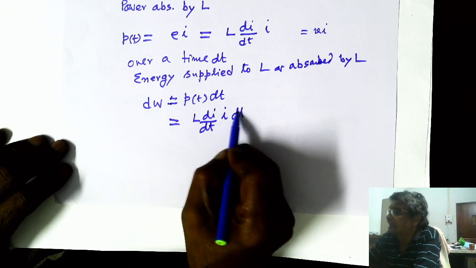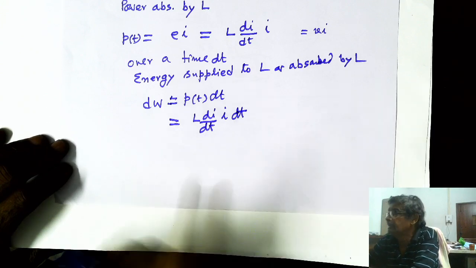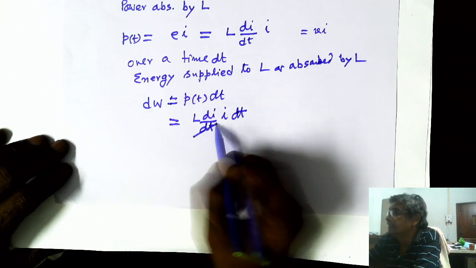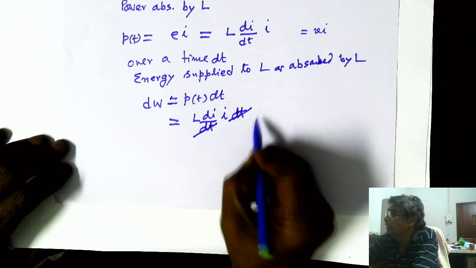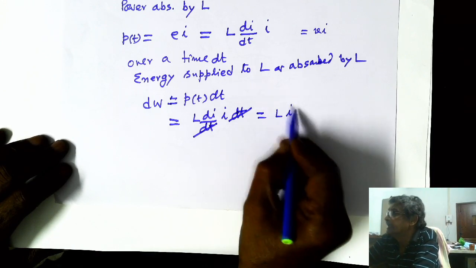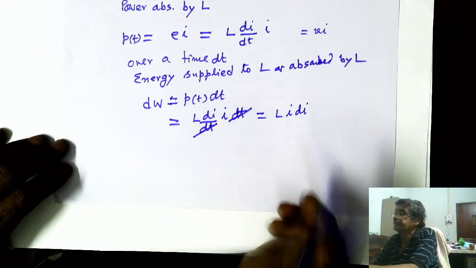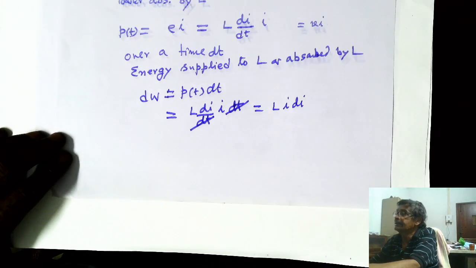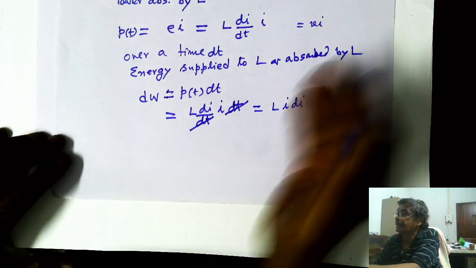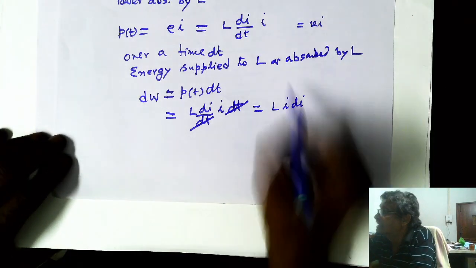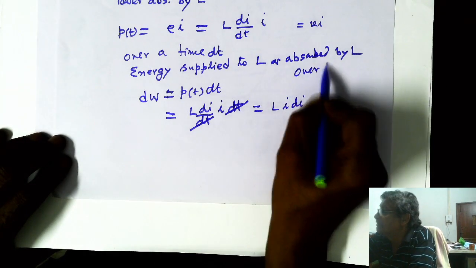Since dt is a non-zero small interval, you cancel it out and it is L i di. This is the energy absorbed by L over time dt.